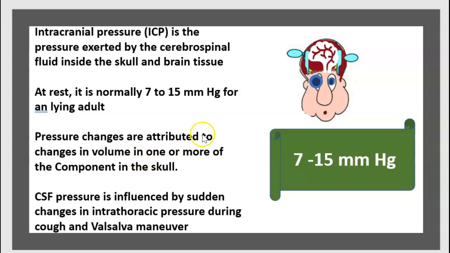Pressure changes are attributed to change in volume in one or more of the components of the skull. Cerebrospinal fluid pressure is influenced by sudden change in thoracic pressure during cough or Valsalva maneuver.